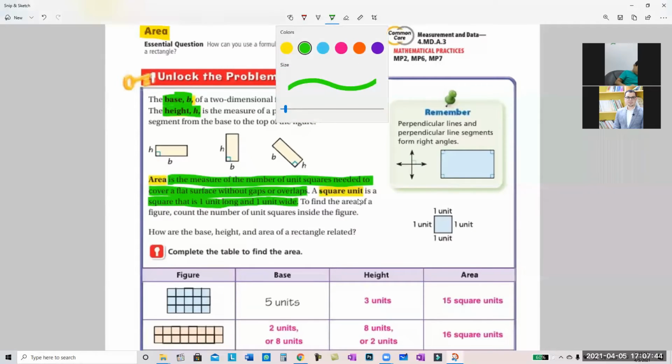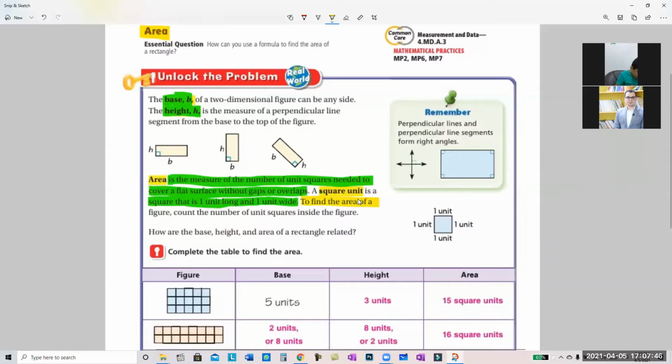To find the area of a figure, count the number of unit squares inside the figure. As you see here, we have this as the unit square, so we have 1 unit long and 1 unit wide.